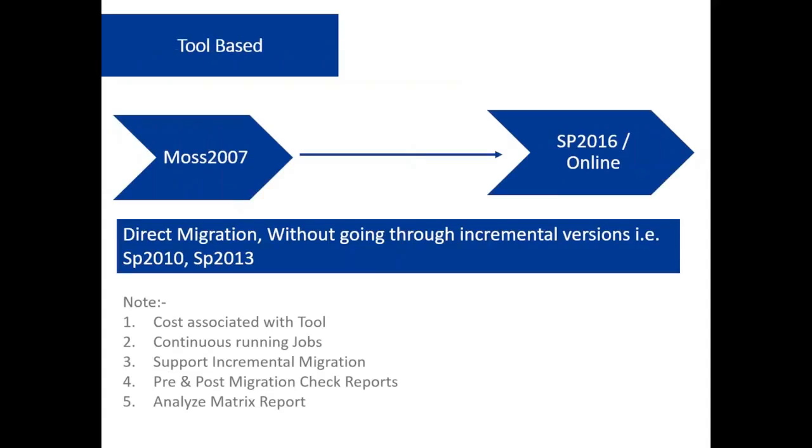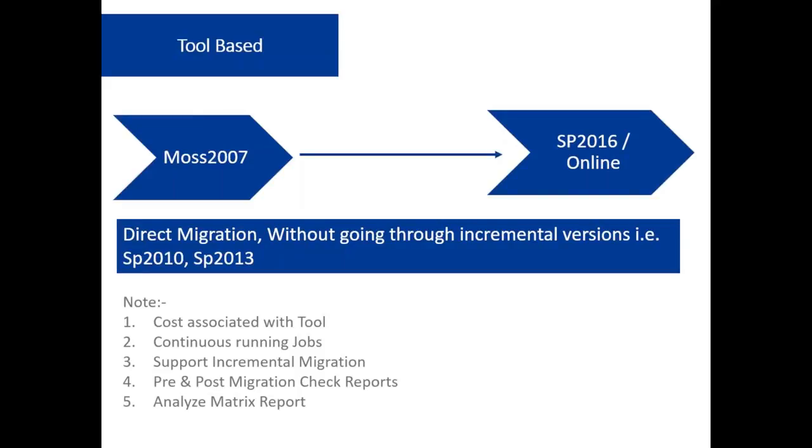Okay, moving to the tool-based approach. Tools have their own limitations, or we can say their own cost. It depends on the projects, what type of migration activity comes, and whether the customer is really willing to pay that cost. If we go with ShareGate or Metalogix, it is approximately 5K for one user. With multiple users, multiple licenses are involved and more cost comes.